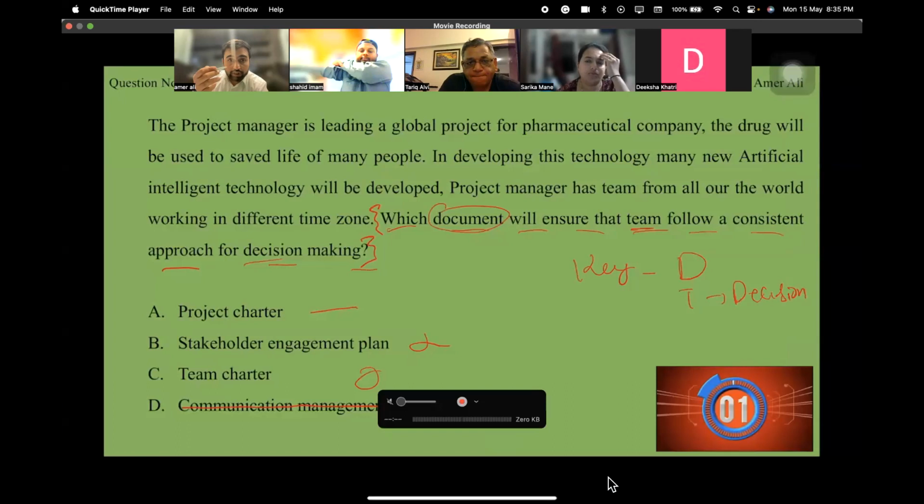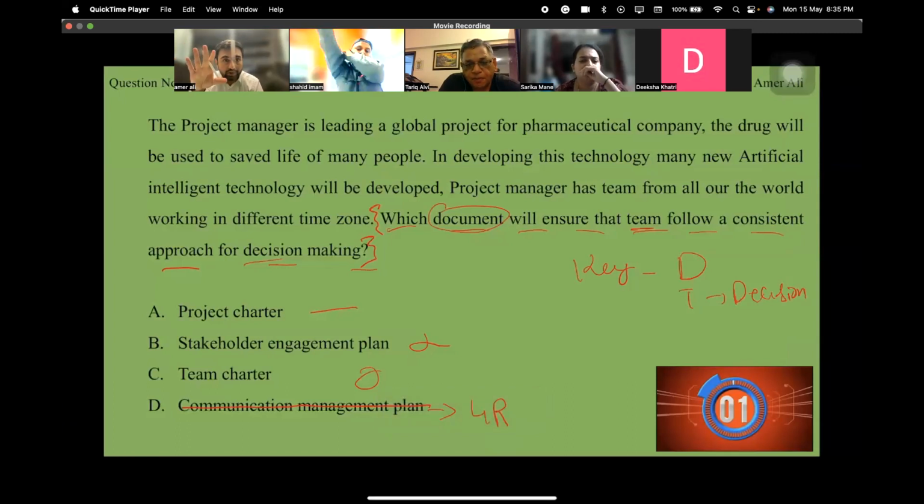Now I read the question to make sure my answer is right. Here I solved the question immediately; in the next question I will use a different method. The project manager is leading a global project for a pharmaceutical company. The drug will be used to save lives.